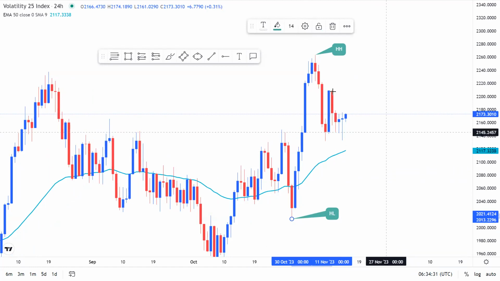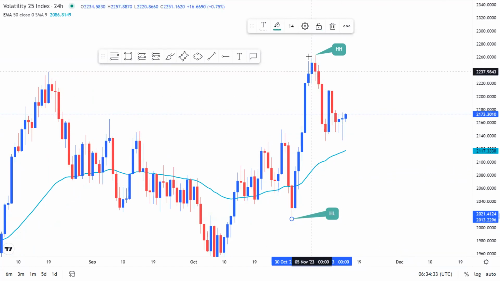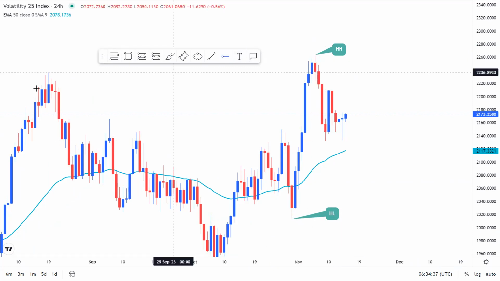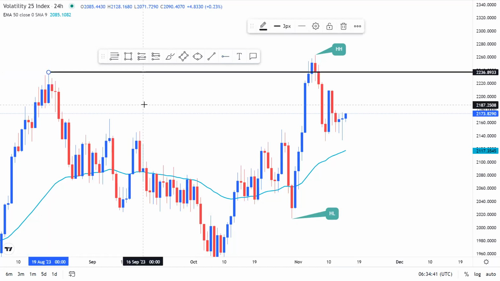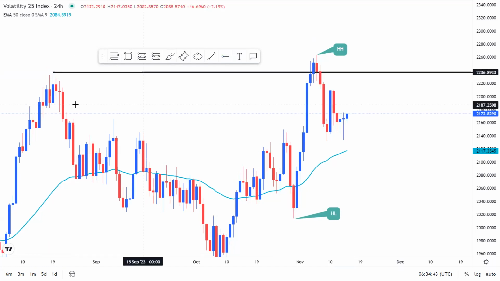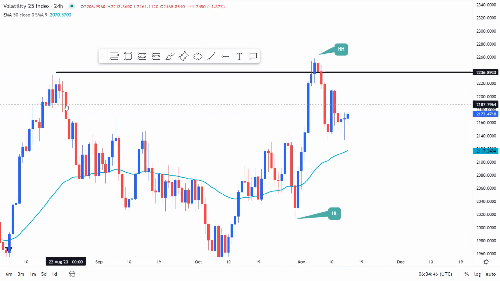So very clearly, we have price printed as a swing high, and that is the highest point price has traded above since August this year.